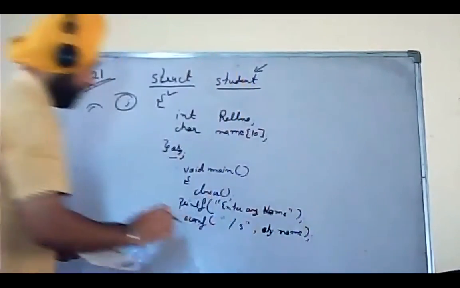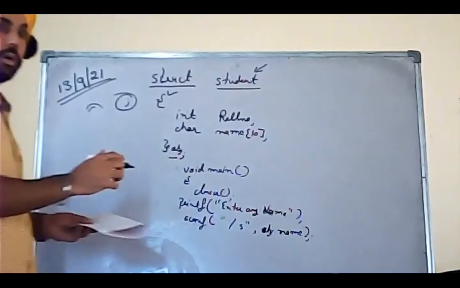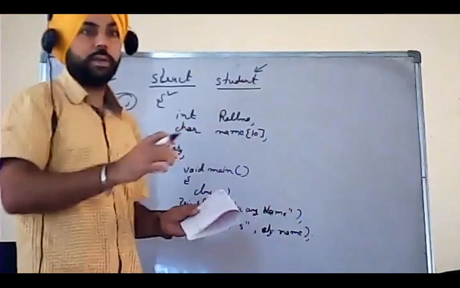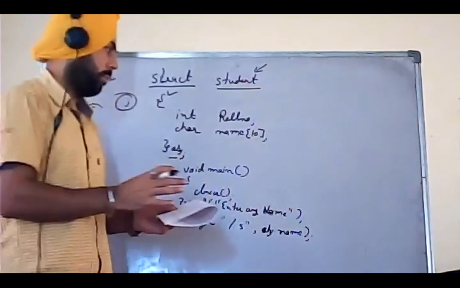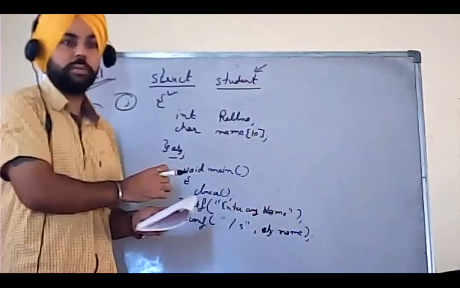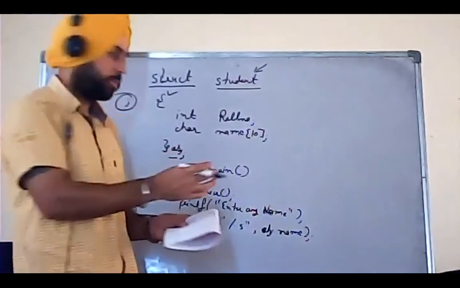Name is a variable. Right now I am just taking the example in the case of C programming. I will explain this program the same as it is for C++ programming.